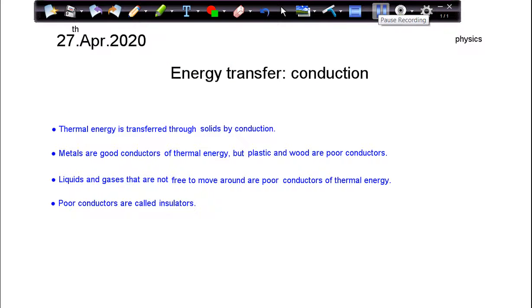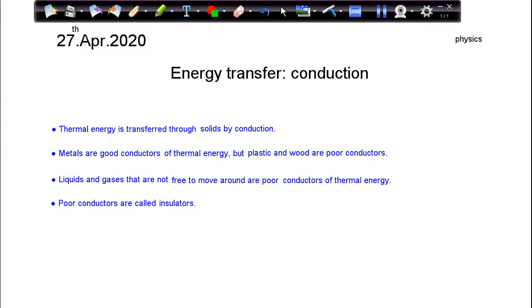Okay, now let's go to the summary of the lesson. Energy transfer: conduction. Thermal energy is transferred through solids by conduction. Metals are good conductors of thermal energy, but plastic and wood are poor conductors.